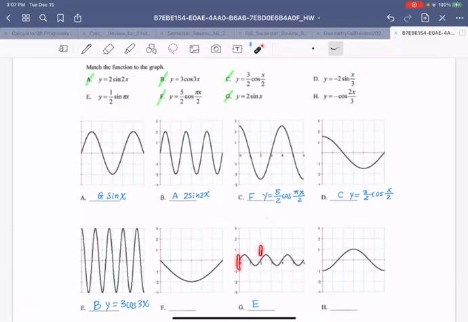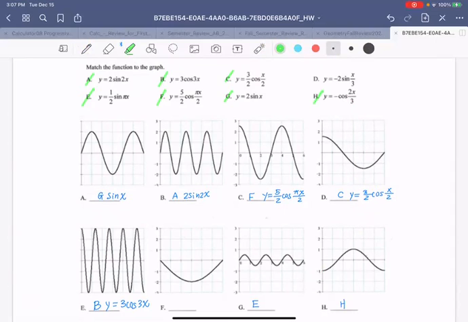So this shows that your period is 2. So this one can be crossed out. And then we do this. Well, that's H, right? And look at this, that's a negative, and the amplitude is 1. So this is H.